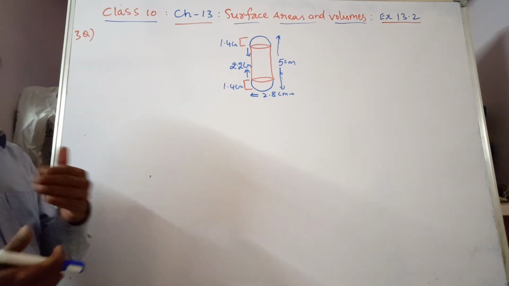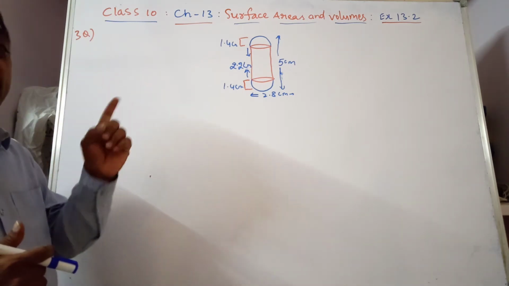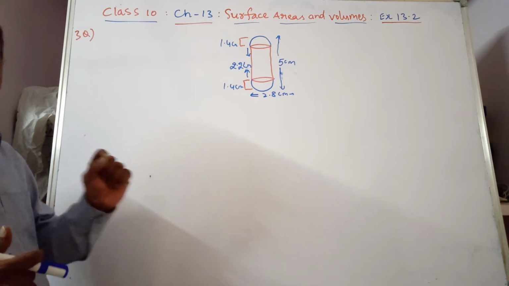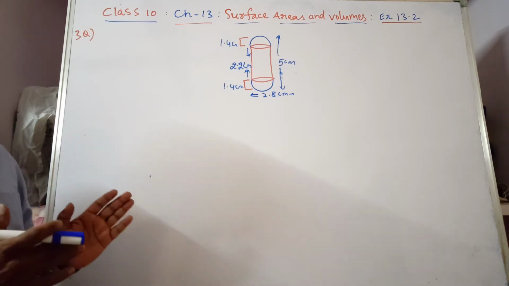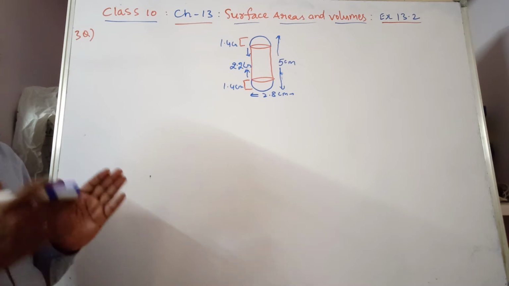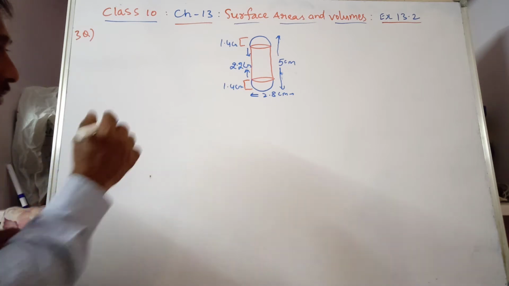If one gulab jamun contains 30% sugar syrup, what is the volume of the sugar syrup in 45 gulab jamuns? That we are going to find.